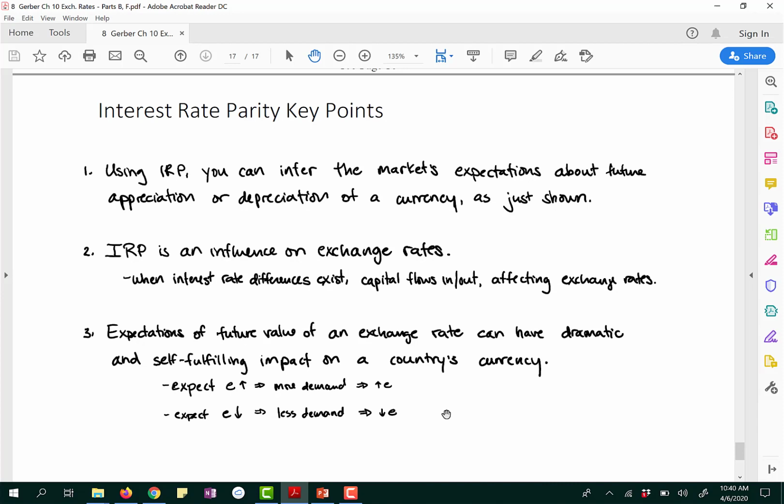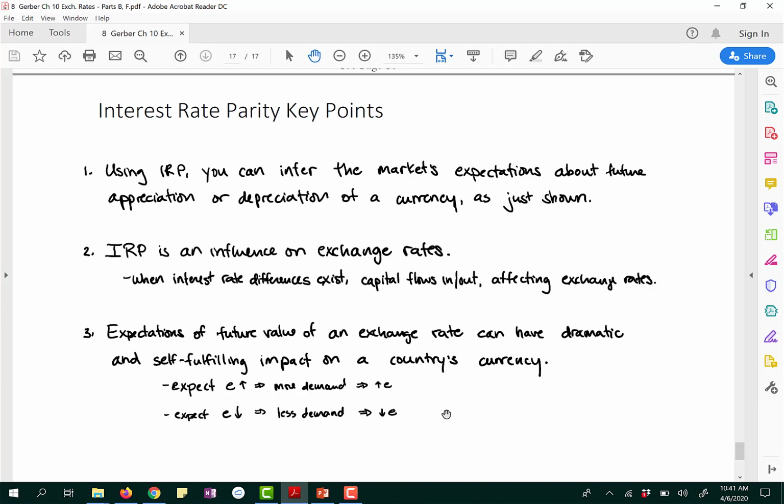Last key point. Expectations of the future value of an exchange rate can have a dramatic and self-fulfilling impact on a country's currency. In many cases in economics, expectations can be self-fulfilling, and this is one great example. So if everyone expects a currency to appreciate, you get more demand for that currency, and the value of the currency goes up. A good real-world example of that is safe haven demand.